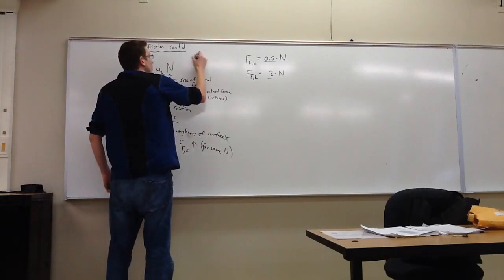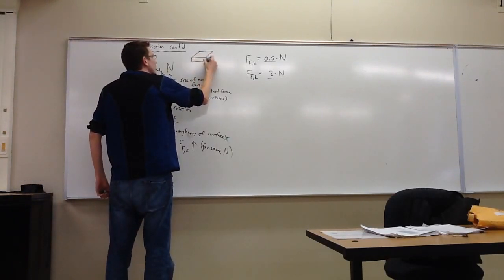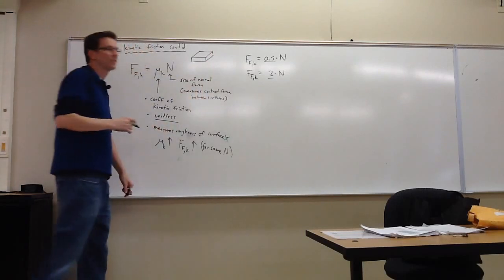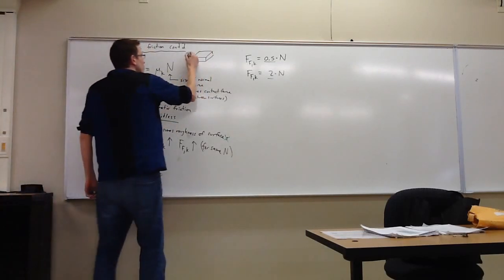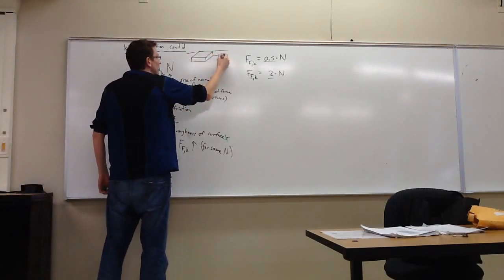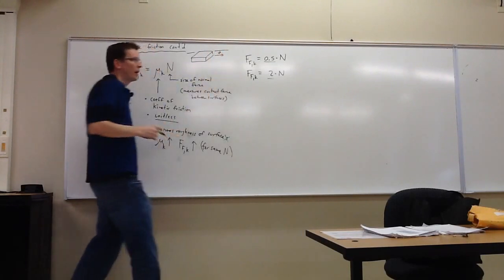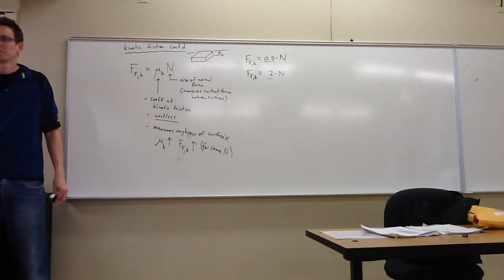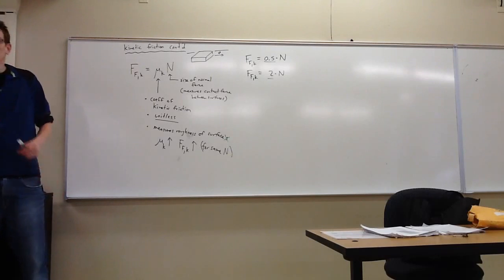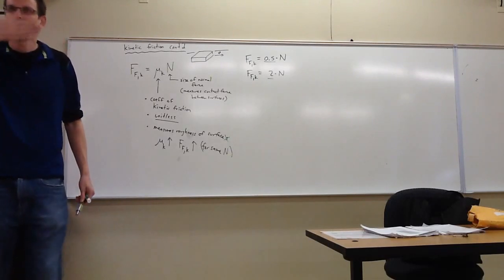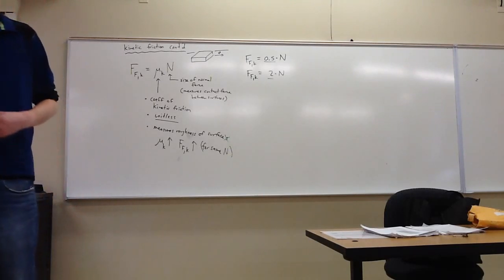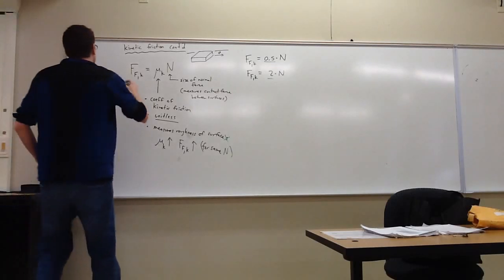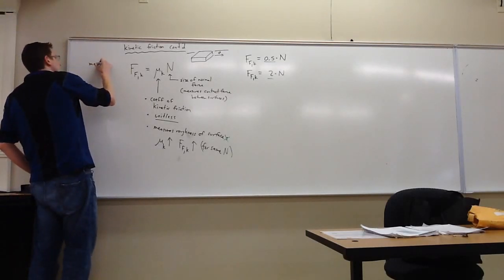So if you have an object that's like that, and you let it run against the surface, the amount of friction you're going to get is actually very similar to if you stand it up on end, right, with a much smaller surface area. So macroscopic surface area doesn't matter.